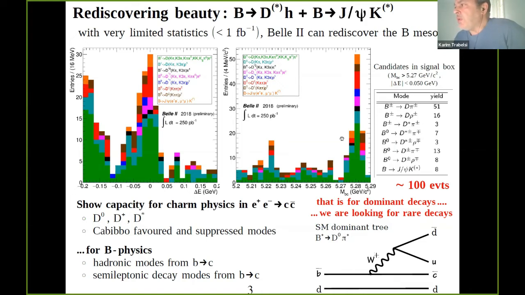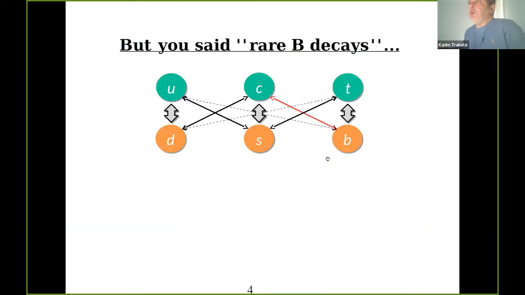So not even for a B factory, you need to accumulate a lot of those events to study rare B decays. Again, I'll try to go step by step, because I have maybe to explain a bit more what I mean by rare B decays.